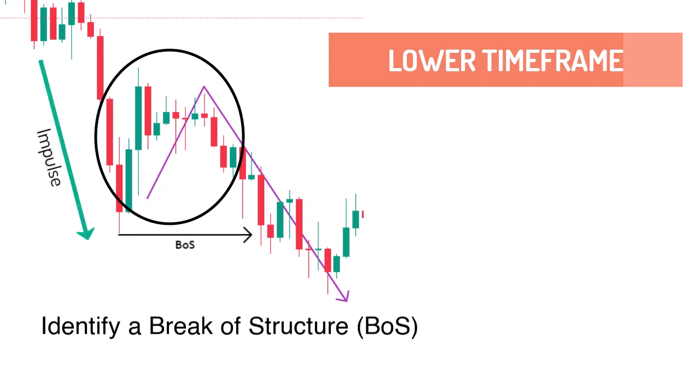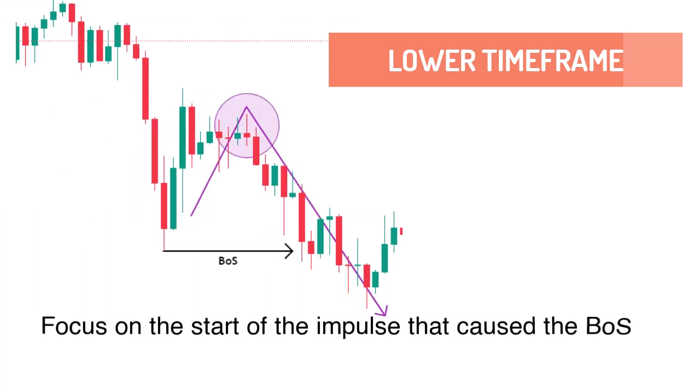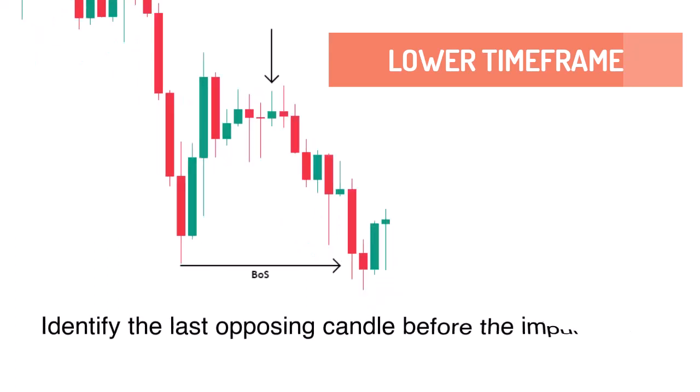There's always a correction or retracement after an impulsive movement. The origin of this movement is what we will focus on, since that is where the movement that broke this structure started from. At this origin, we will shift our attention to the last opposing candle in the main direction before the movement starts.